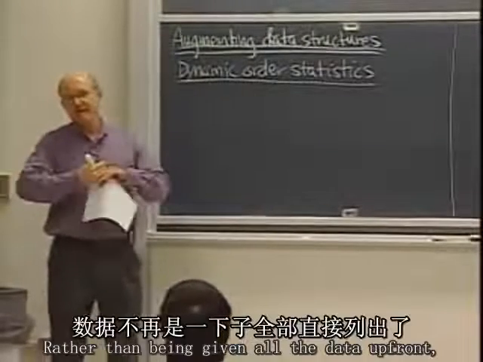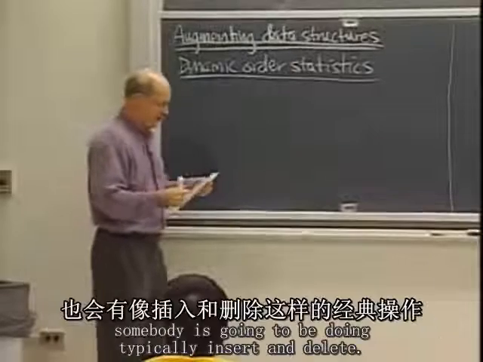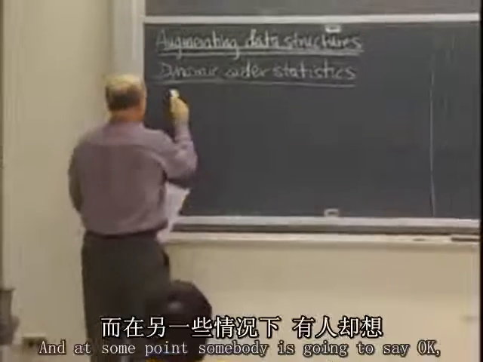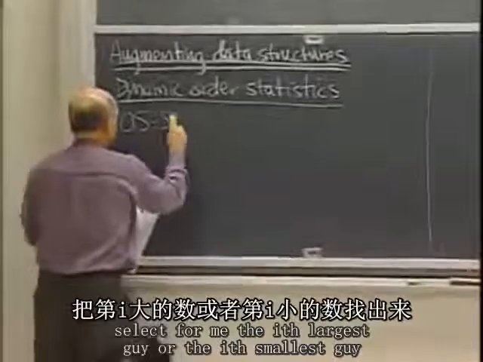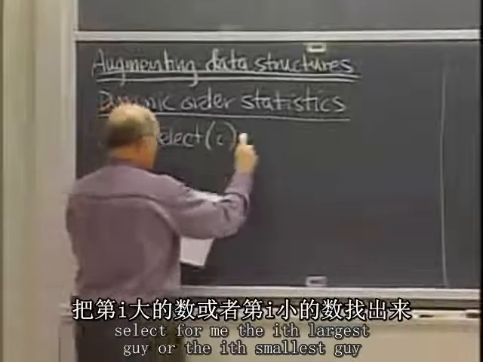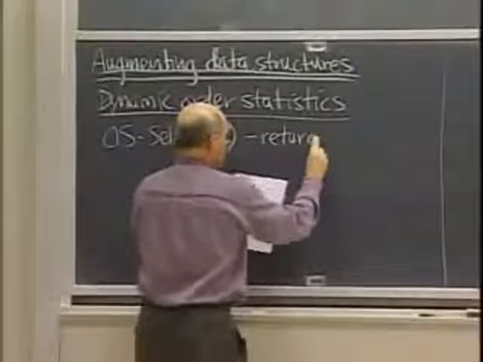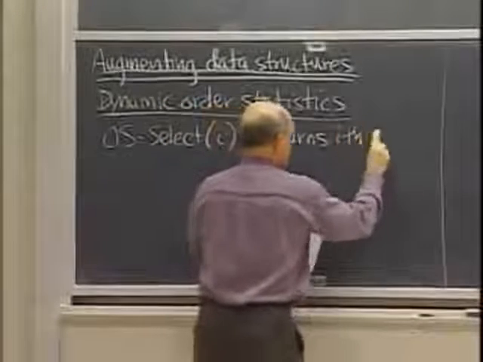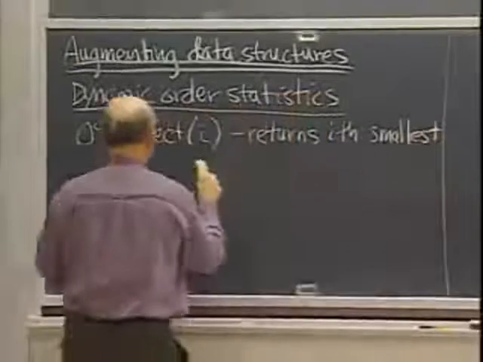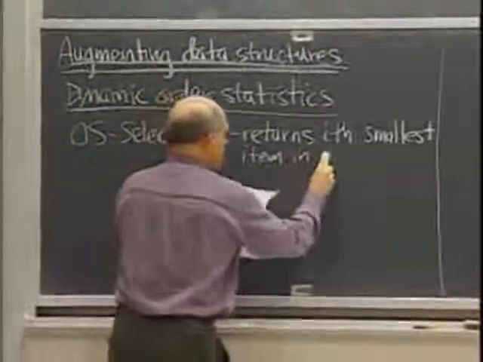Rather than being given all the data up front, we're going to have a set, and then somebody is typically going to do insert and delete, and at some point somebody's going to say, okay, select for me the ith largest, or ith smallest, element in the dynamic set.